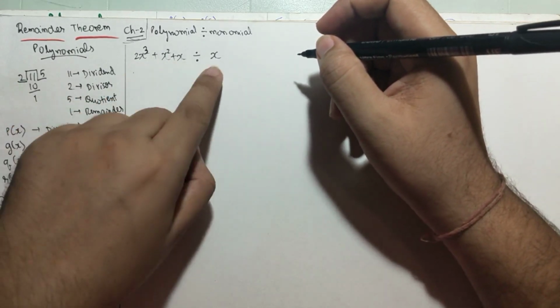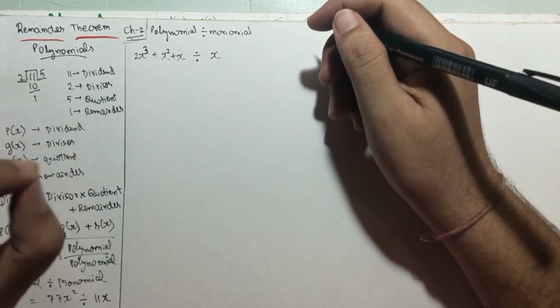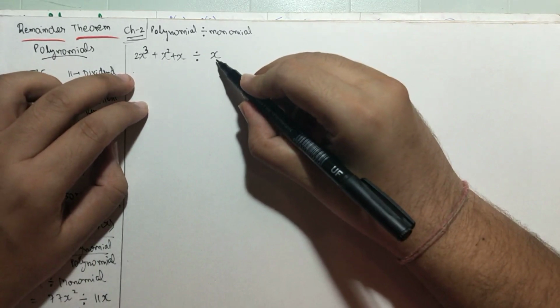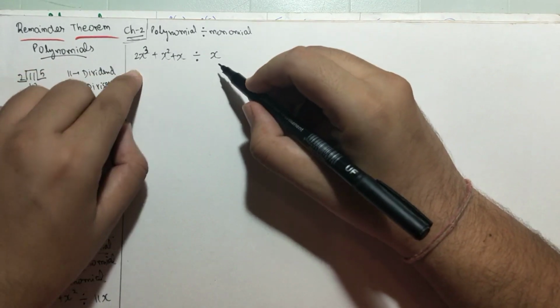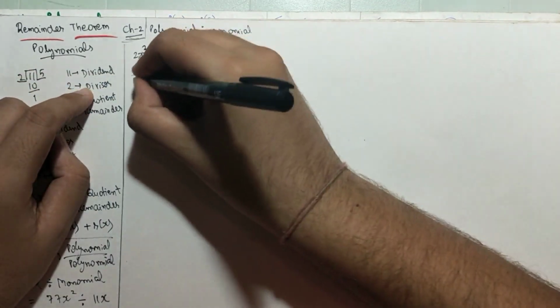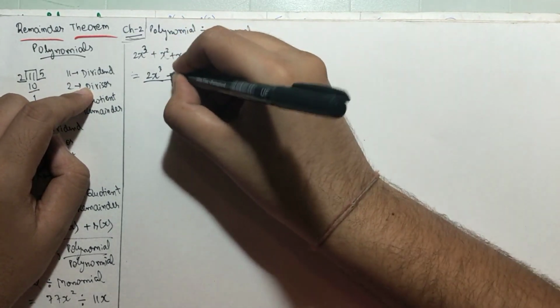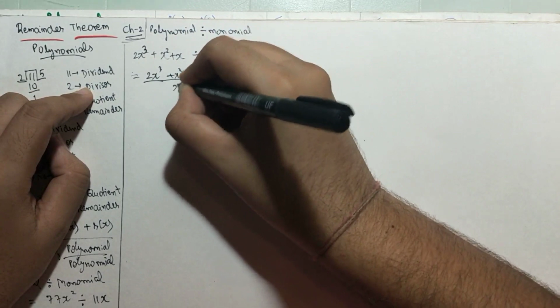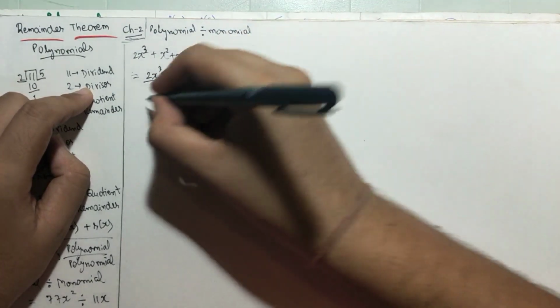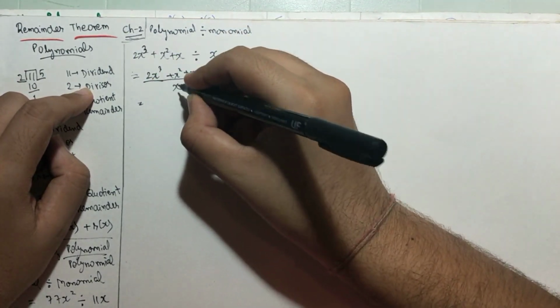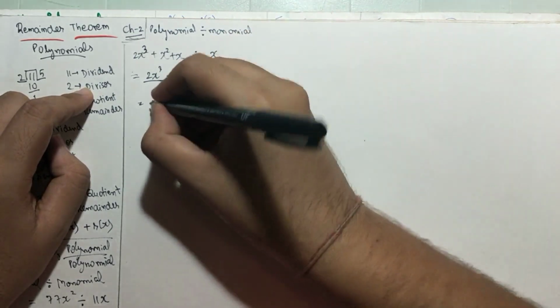When a polynomial is divided by a monomial, the thing which should be taken care of is that this monomial should be divided with each and every term. That means I will write it as 2x cube plus x square plus x divided by x. This denominator x will be applied individually to all of them.